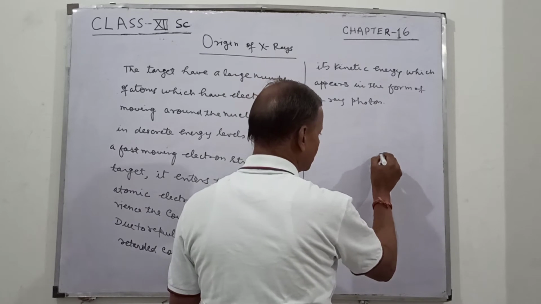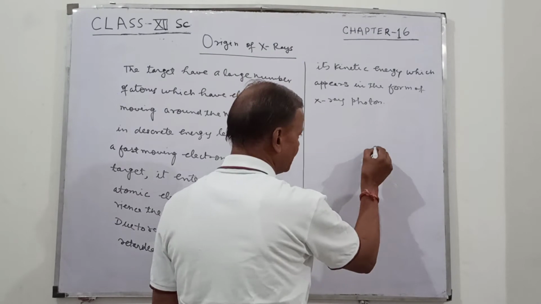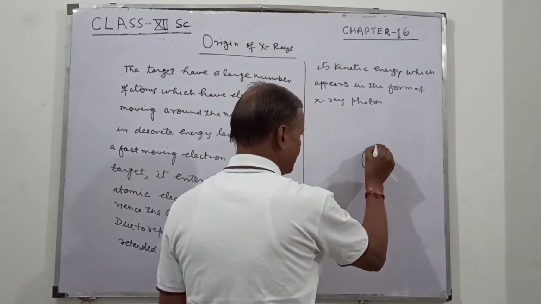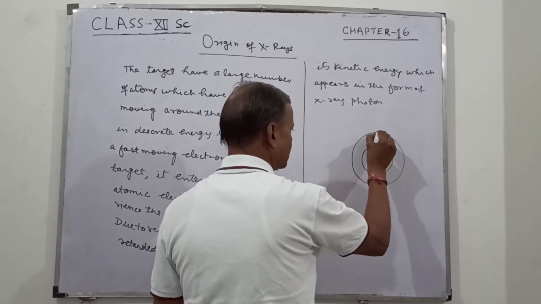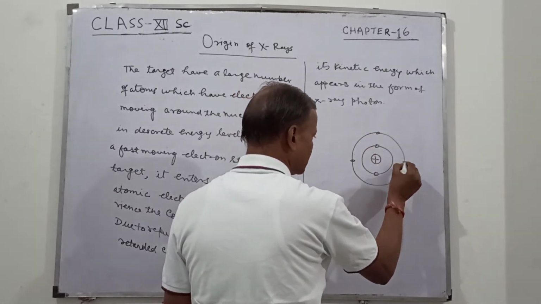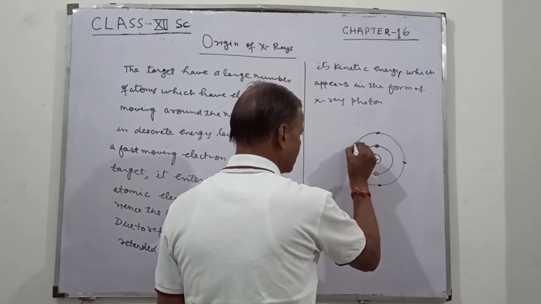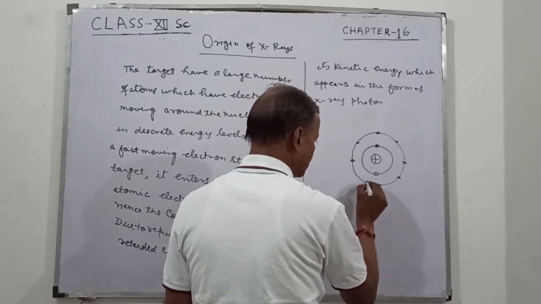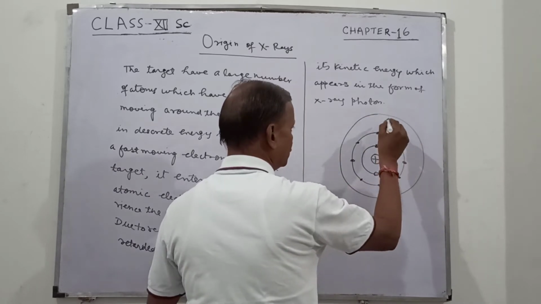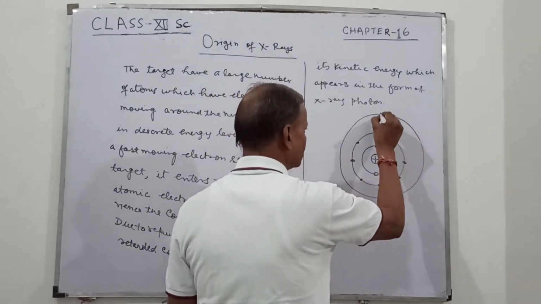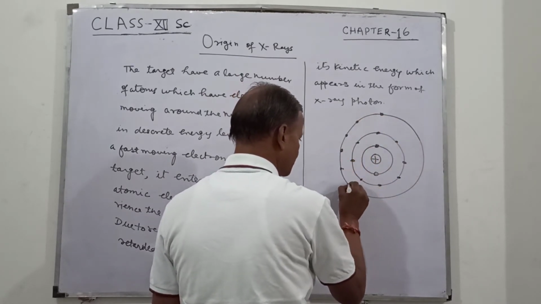So suppose this is the nucleus, a positive charge nucleus. It is having these electrons. Then this is one more orbit. It is having so many electrons.